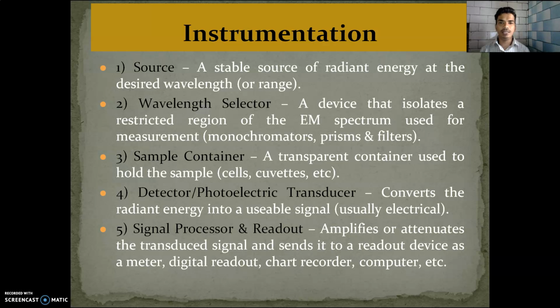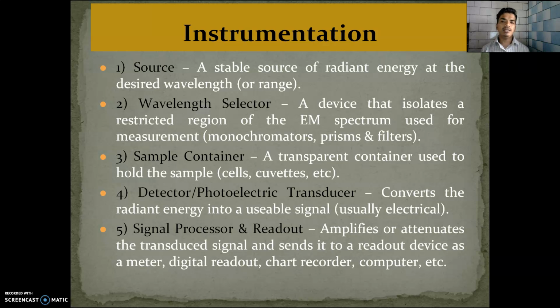We will see in detail what a monochromator is, and what the prisms and filters are. Then the sample container, a transparent container used to hold the sample, that is a cuvette or sample cell. Then detectors or photoelectrical transducers, which convert the radiant energy into usable signals, usually electrical signals.